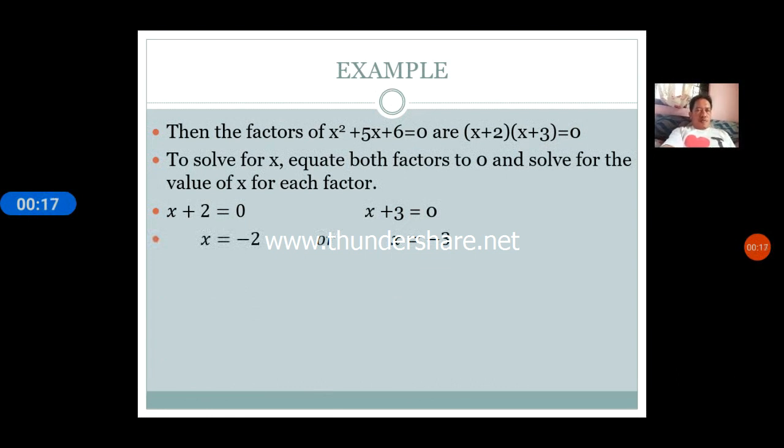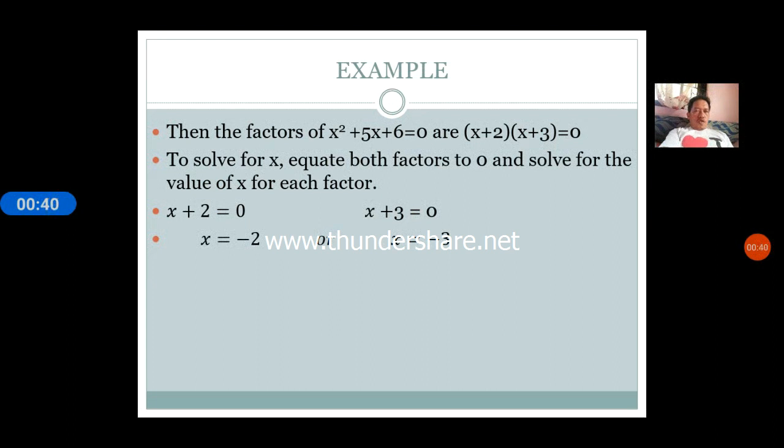In solving for the value of x, given x plus 2 is equal to 0, we can use the different properties of equality. In the equation x plus 2 is equal to 0, we have used the subtraction property of equality.